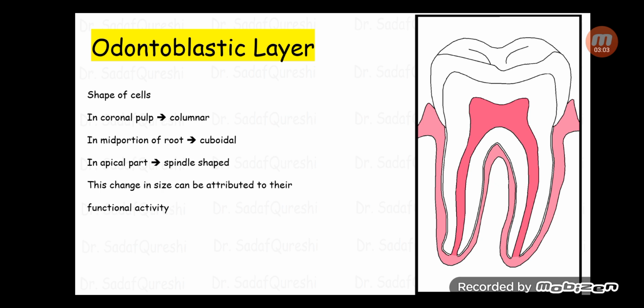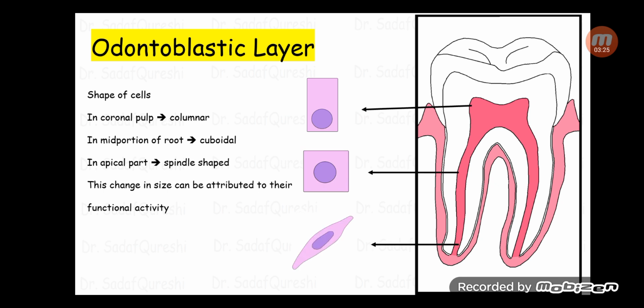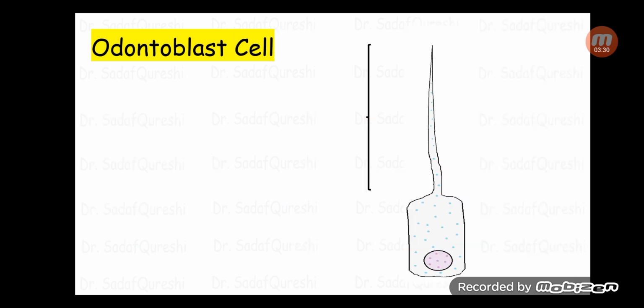And this change is because of functional activity that is different at different regions, and that's the reason the shape of the cell differs from one region to another, even though all the cells are odontoblastic cells. At the coronal pulp, the cells are columnar. At the mid portion of root, the cells are cuboidal in shape, but at the apical portion of root, we will see that cells are spindle shaped.